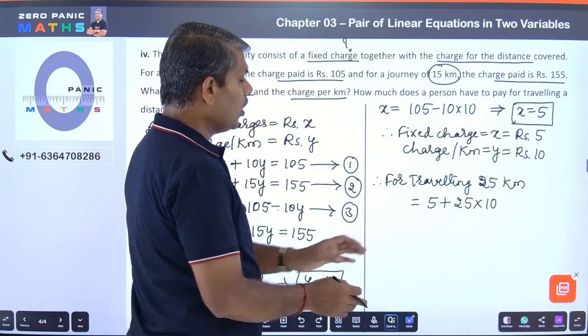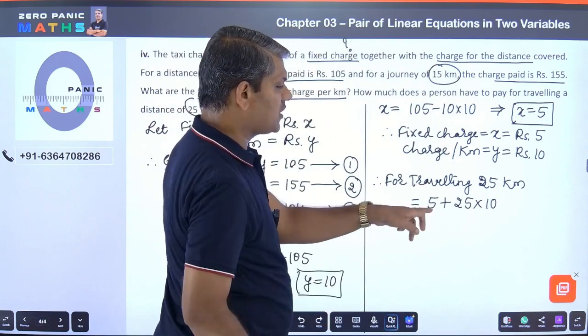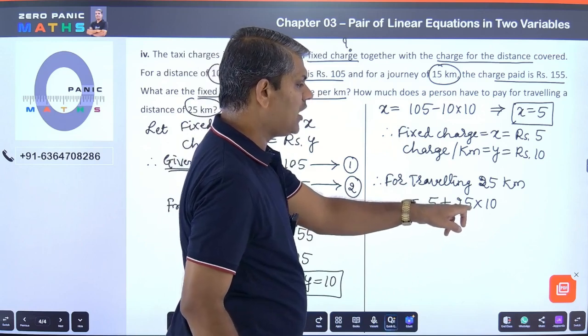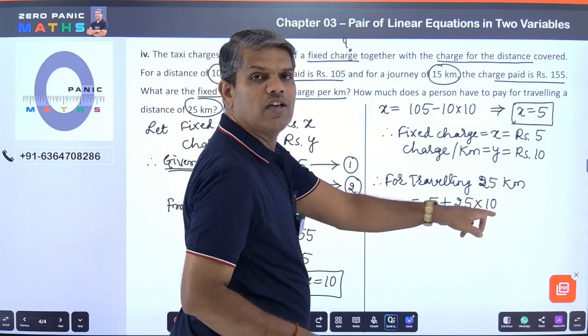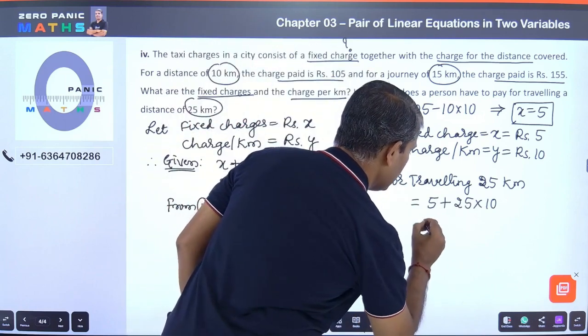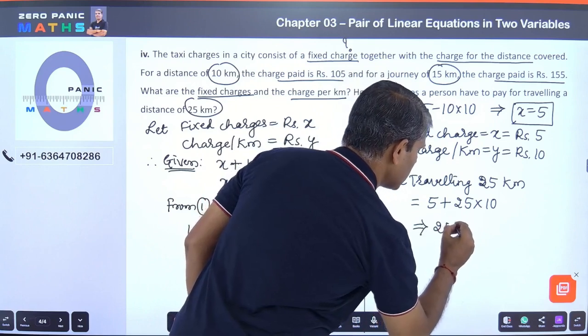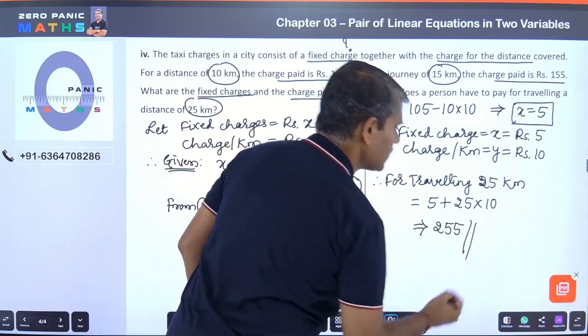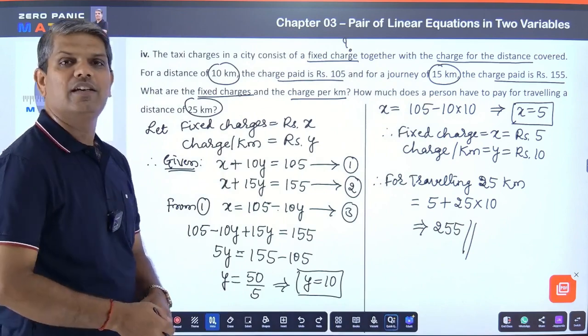If you want you can write an additional step: fixed charge plus distance into charge per kilometer. It will be 255 rupees. 255 rupees, right?